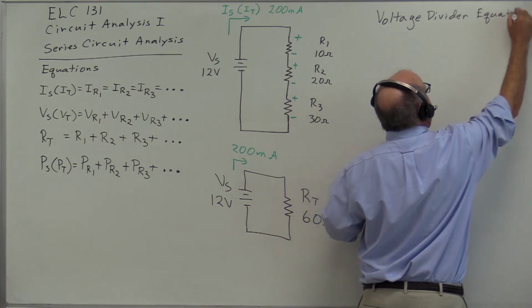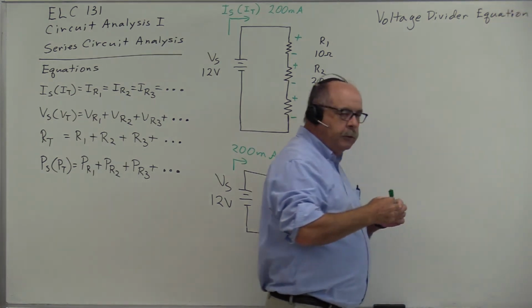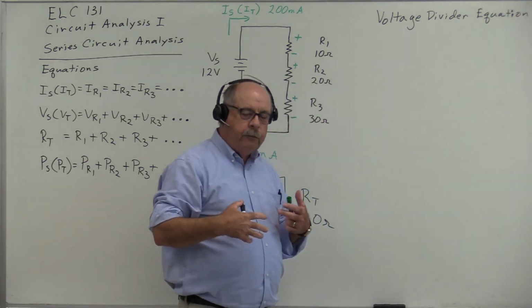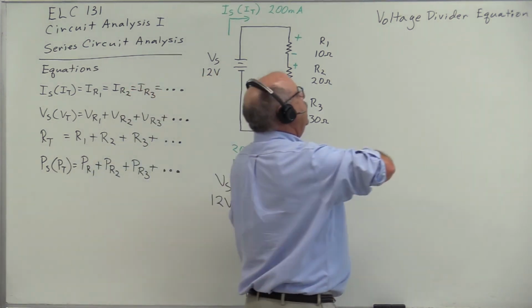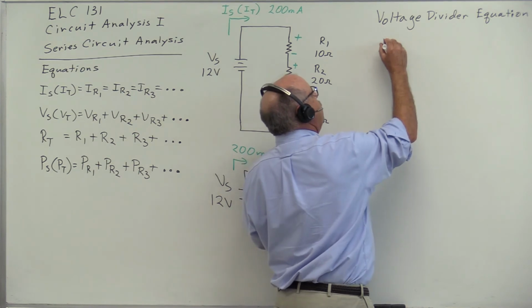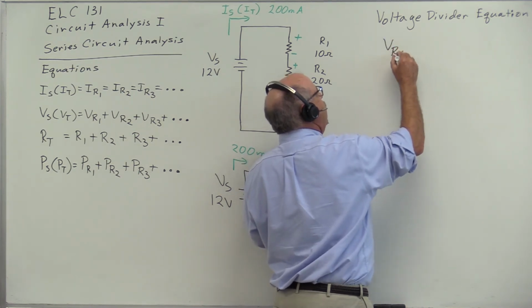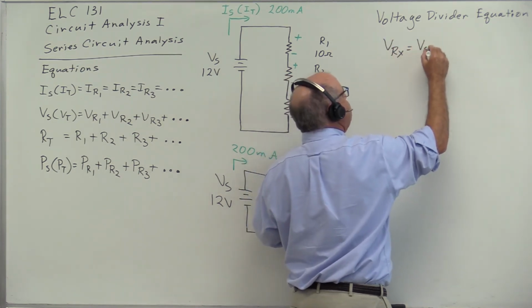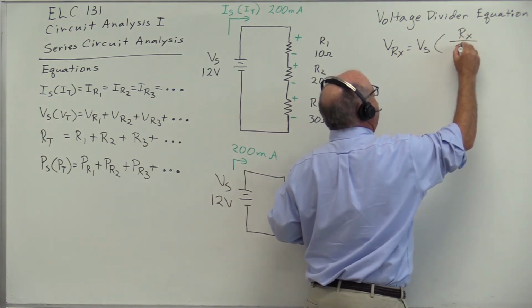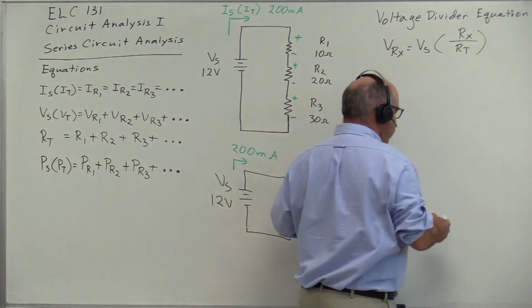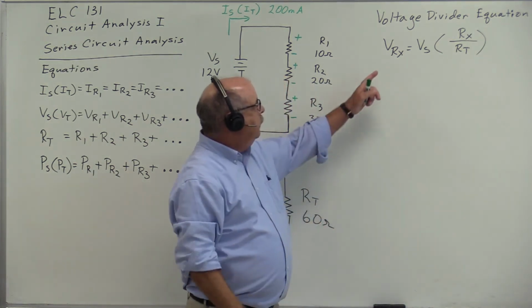Now, some textbooks refer to this as the voltage divider rule or the voltage divider formula, but the general format expression is that VRX equals V source times RX over R total, where X can be any resistor, R1, R2, or R3.